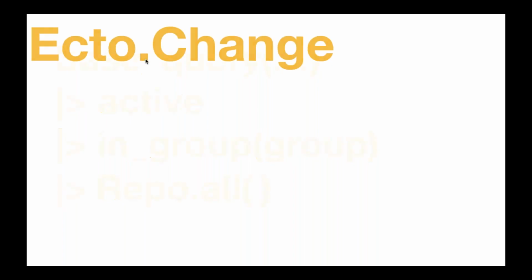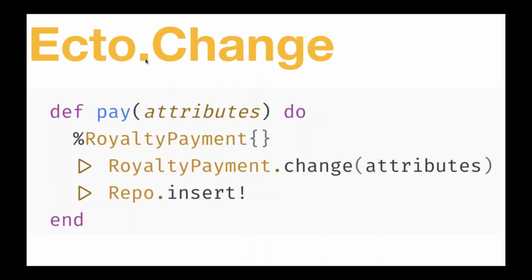And this isn't the only tiny bit of Ecto that I love. When we're looking at the change piece, I love the idea that I start with a schema, pipe that right into a changeset, pipe that right into an insert.